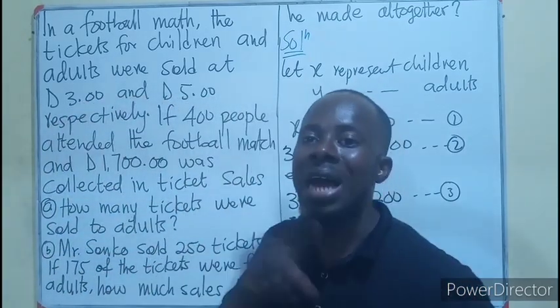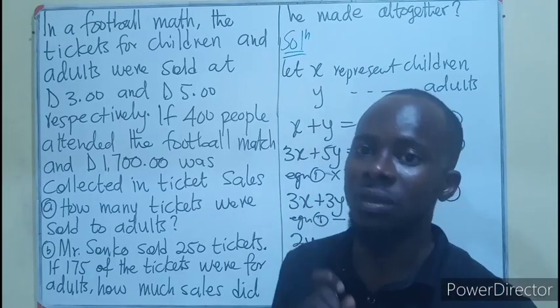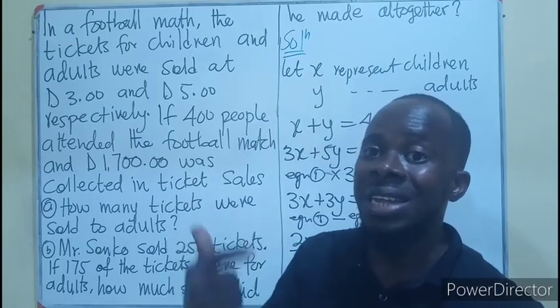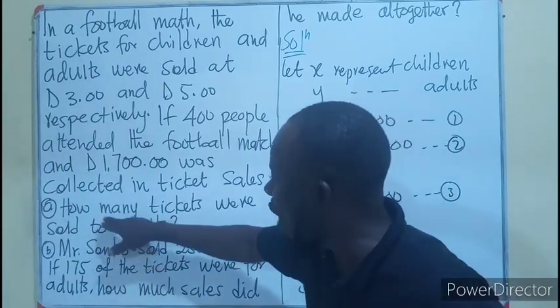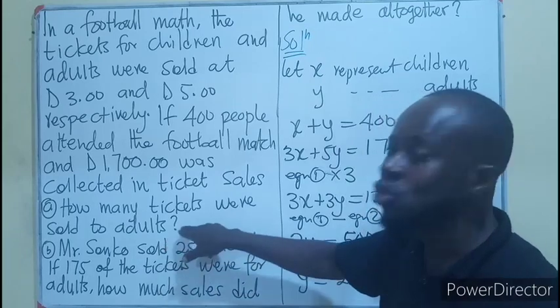250 is for the number of adults. So if there are 10 adults at the football match, it means 10 tickets go for the adults, right? The question says, how many tickets were sold to the adult?